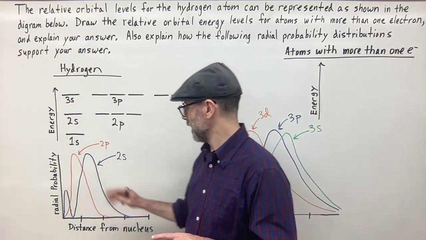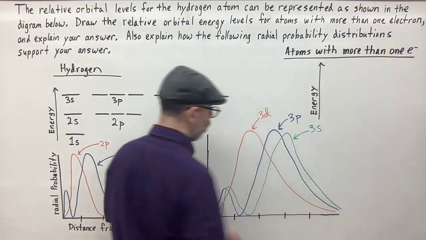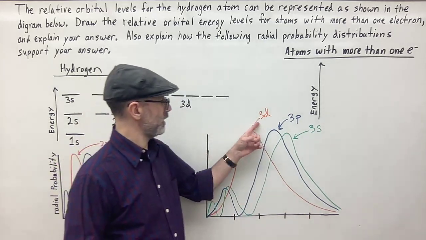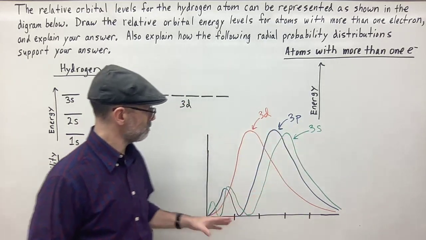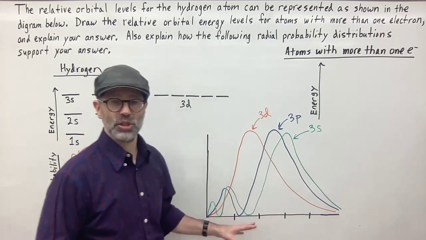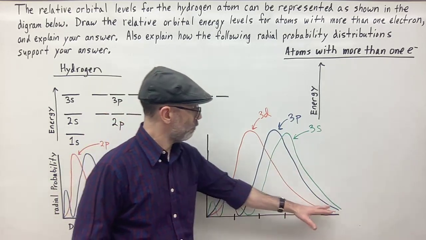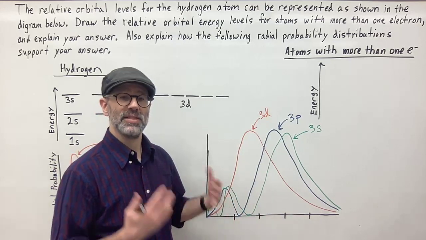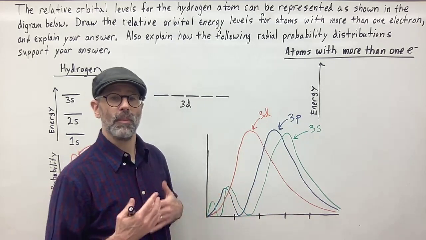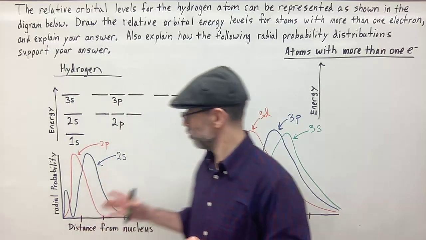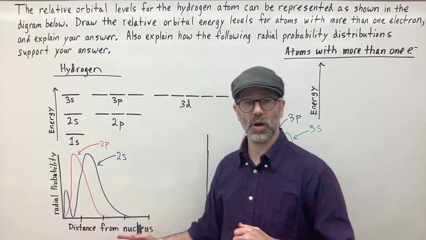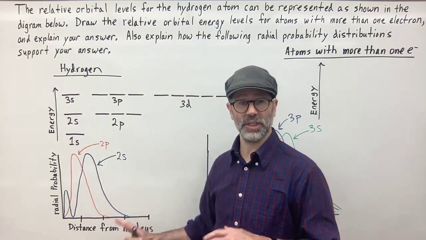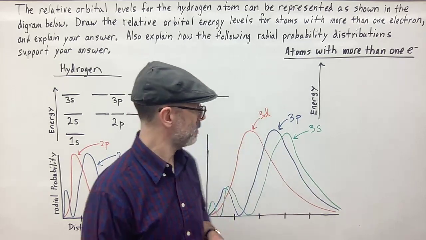And then over here we have 3D, 3P, and 3S. So this is the radial distribution map of what you would see for a multi-electron system. This is for more than one electron.